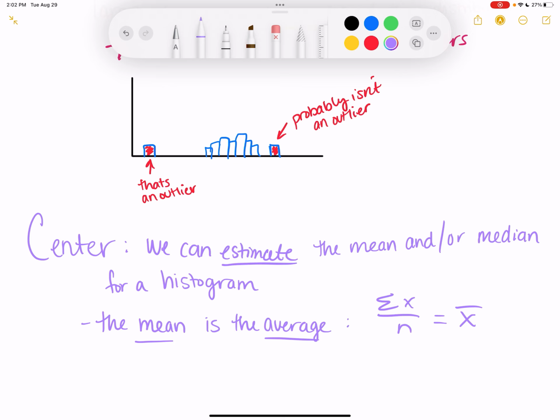So it still means the exact same thing that mean meant when you learned it the first time back in probably middle school, maybe elementary school. So could you repeat what that says? The summation, the funky E looking thing, is a summation symbol, of x divided by n, being the number of numbers, is equal to x bar, which means mean.